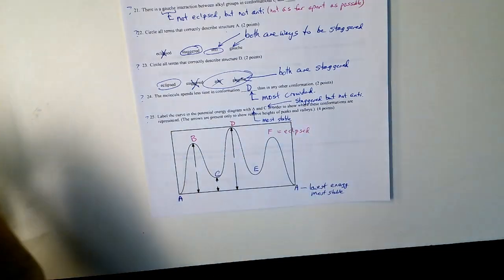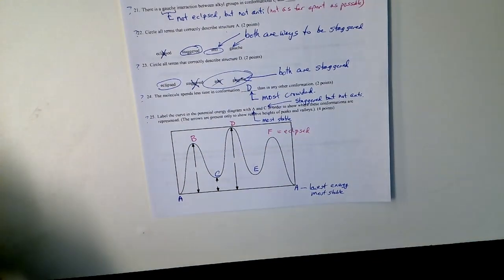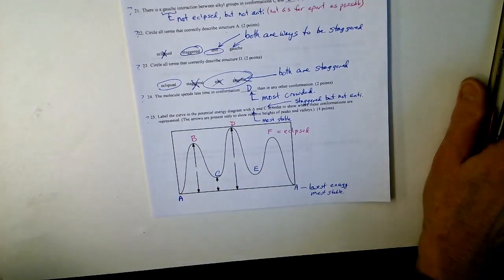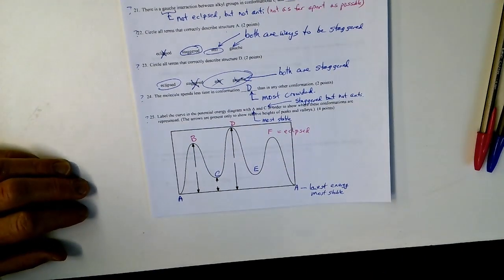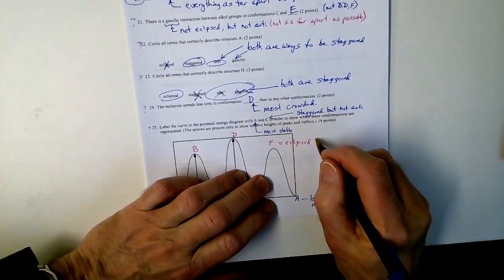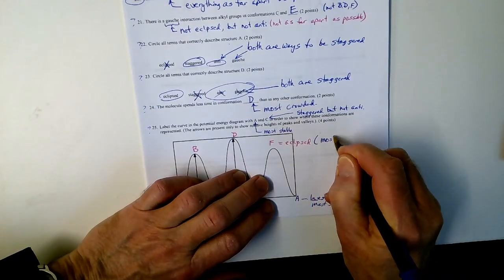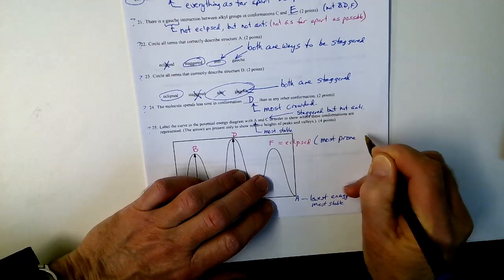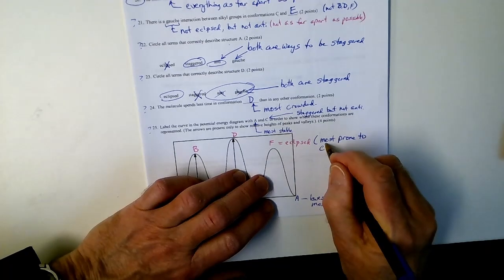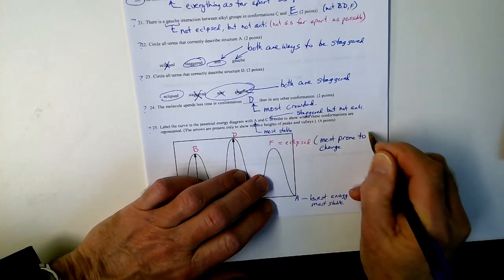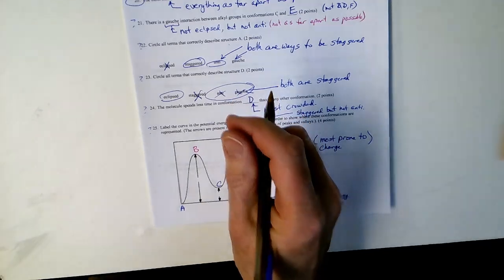They're hard to do. They get out of that configuration as soon as possible if they get in it. Yeah, eclipsed means these are the most prone to change, and your wording was reactive.